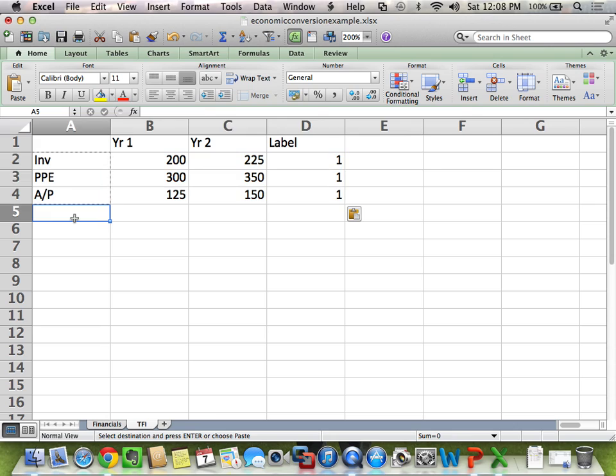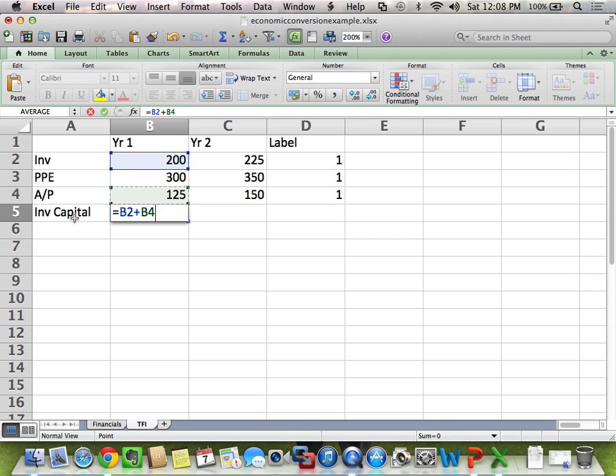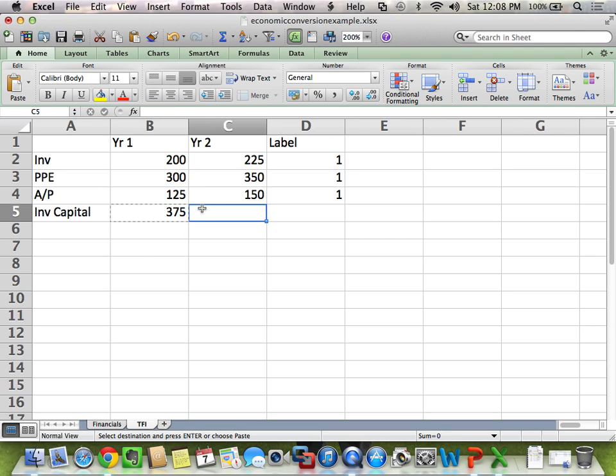So, what is invested capital? It's the assets minus the liabilities. That's how much invested capital I have in my business. Okay? Now, convention. For purposes of your homework assignment and for purposes of the midterm exam, this is fine: assets minus liabilities.